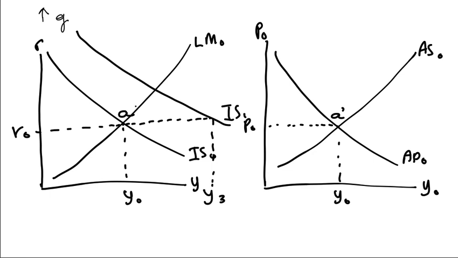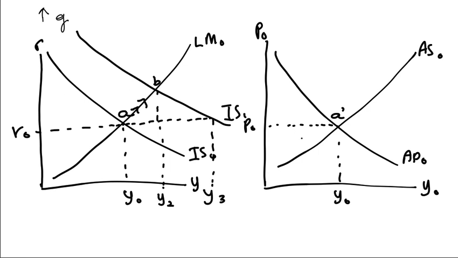That means we are having movement along the LM curve from point A to point B. Then you can see output, instead of increasing from Y0 to Y3, increases to Y2. Then you can see the interest rate increases from R0 to, let's say, R2 here.